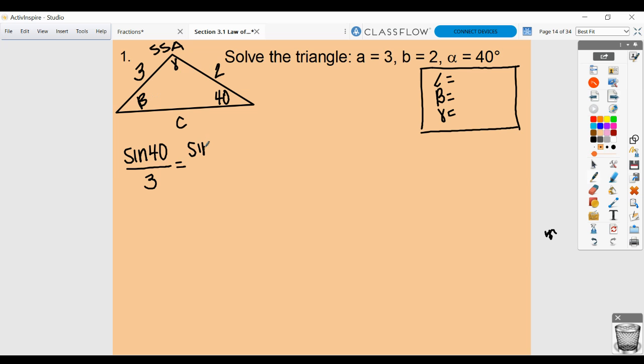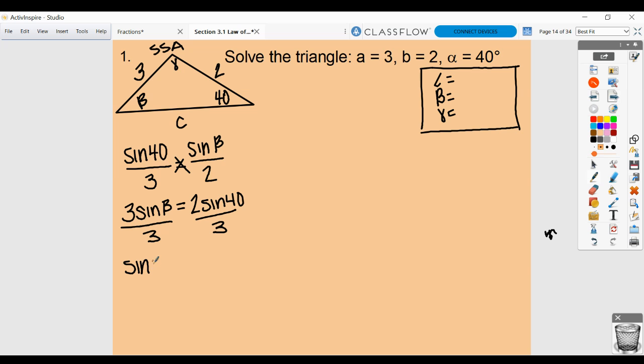So you have sine of beta over 2. Okay, you're going to do the same thing. You're going to cross multiply. So you get 3 sine of beta equals 2 sine of 40. Now, this is different because now you're looking for an angle. So you have to get that sine of beta by itself, so you have to divide by 3.